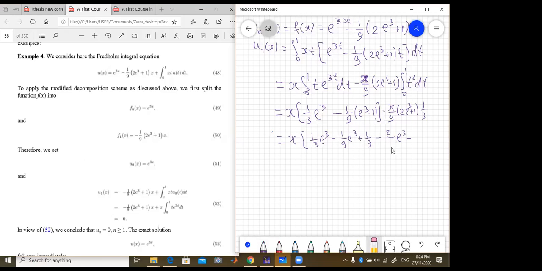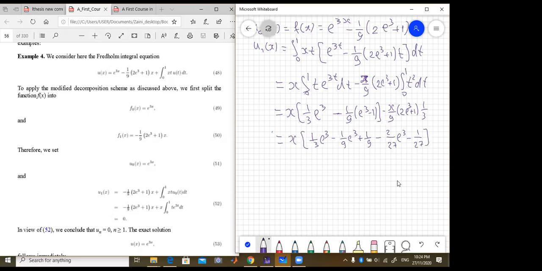You see here 27, because here we have 3. 27 e cube minus x, x is outside, 1 over 27. So you see, we don't have cancellation.